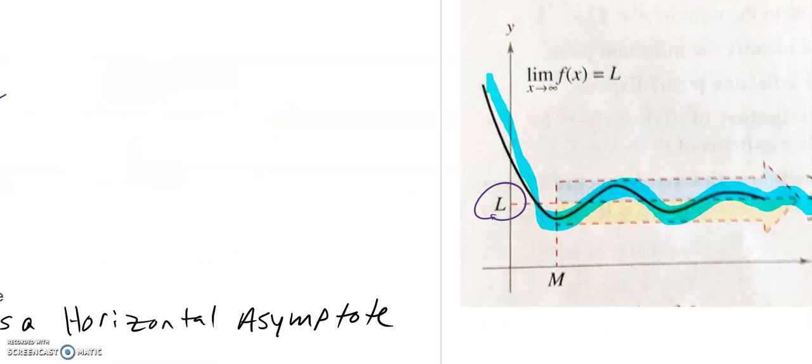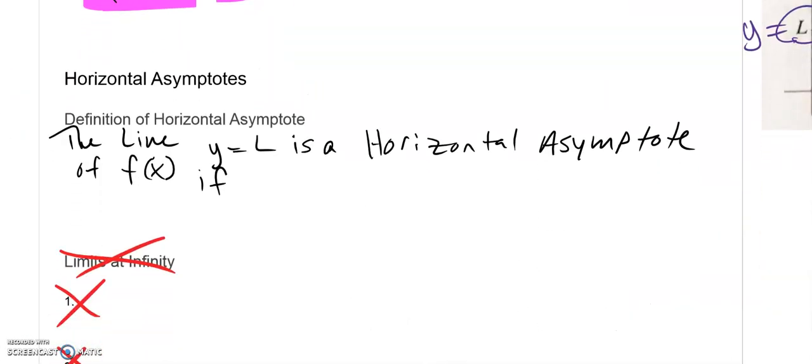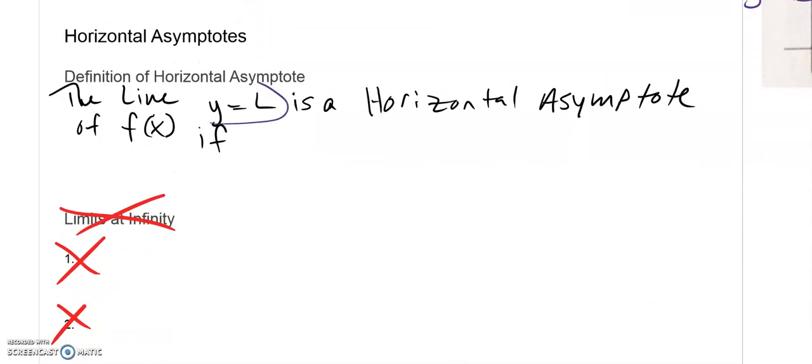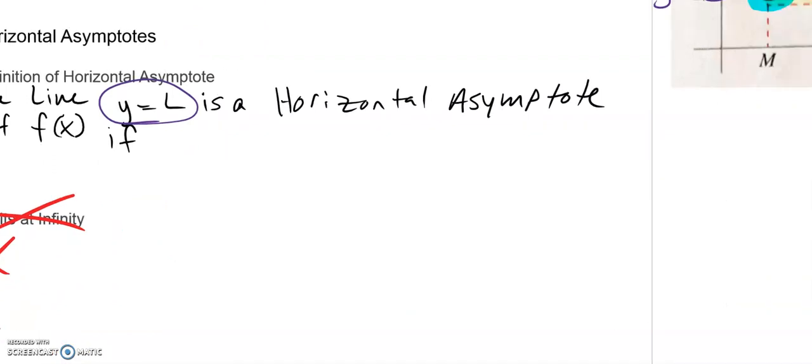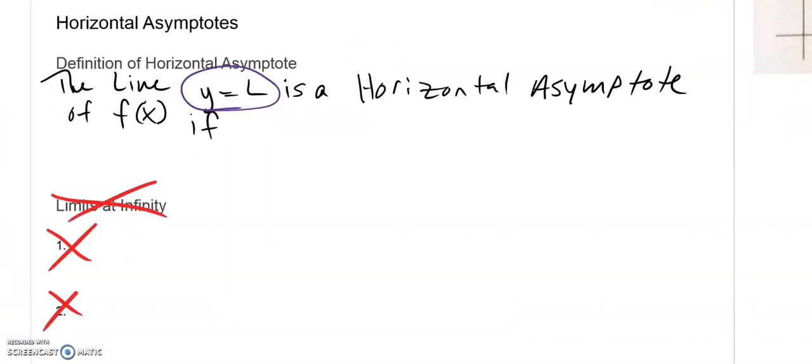And that ties into a horizontal asymptote, because you can create that line as a function, making it y equals L. That's why we bring in the horizontal asymptote. The line that we see in this function is your horizontal asymptote, and that is the same thing as your limit.